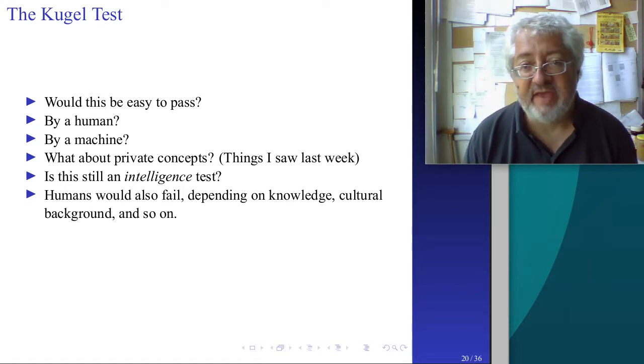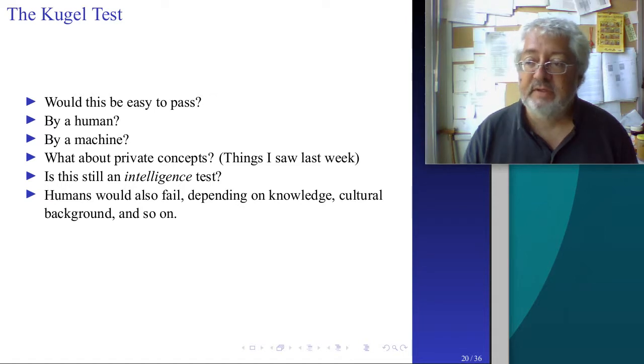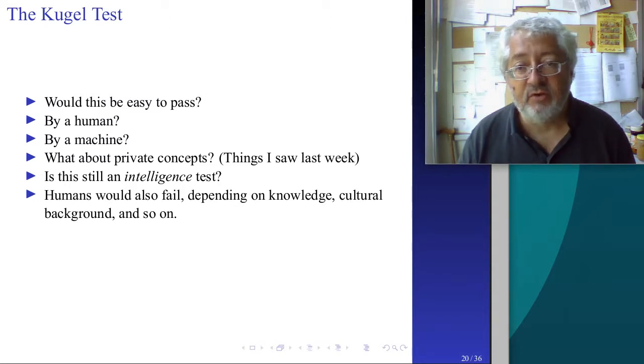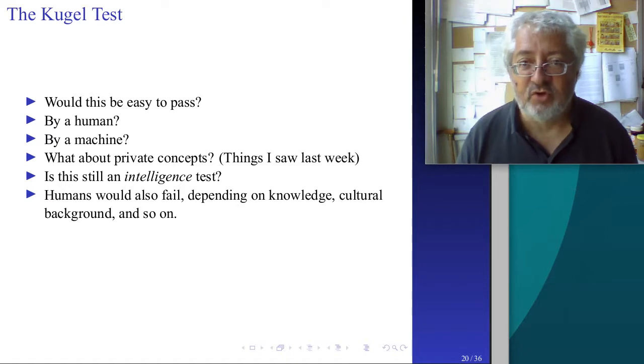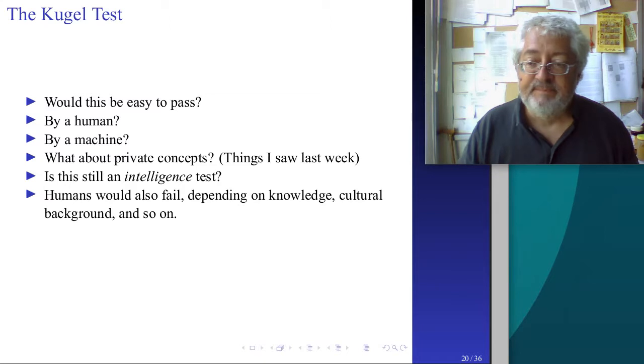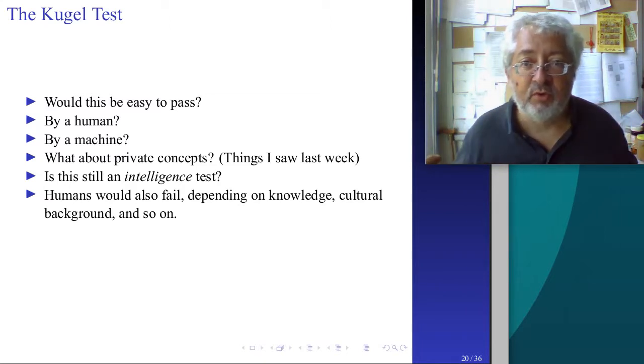Humans would also fail, not only with private concepts, but perhaps also depending on knowledge, cultural background, and so on. I can easily use a concept that requires particular knowledge. For example, things that are inside a desktop computer, and now I can start showing you different kinds of electronic printed circuit boards.